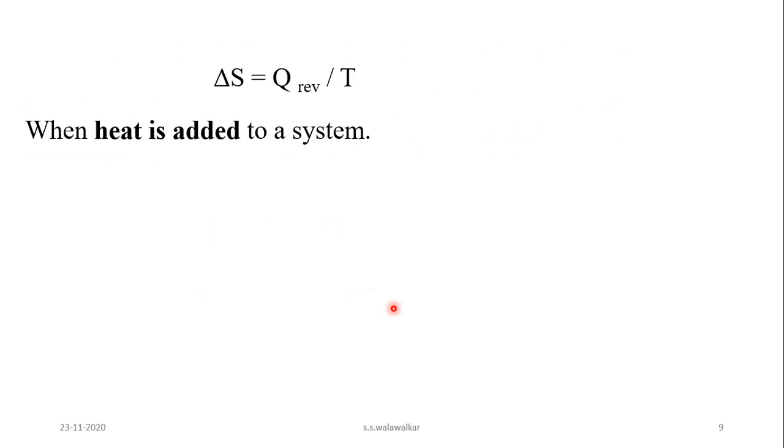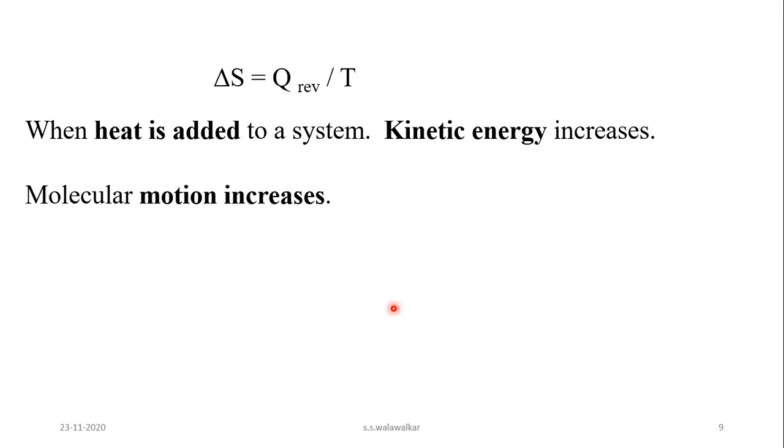So when heat is added to the system, the kinetic energy of the particles in the system increases. Therefore, molecular motion increases, and when molecular motion increases, molecular disorder increases.